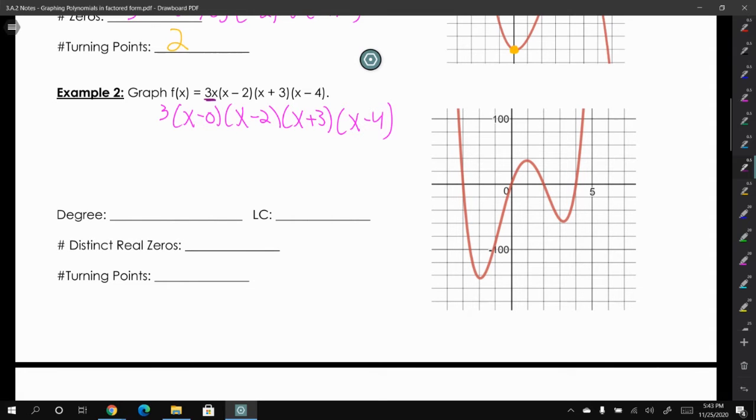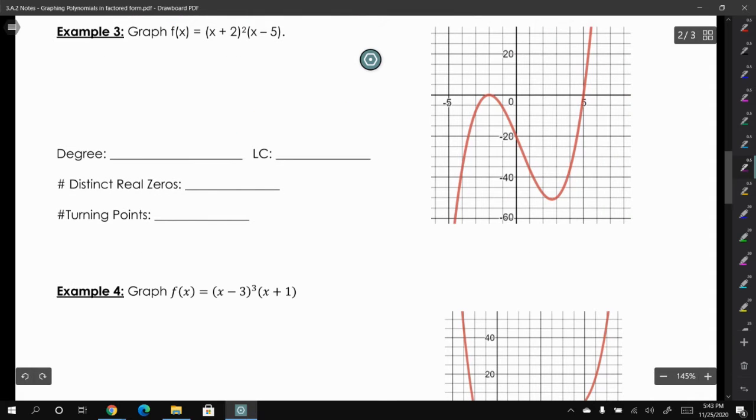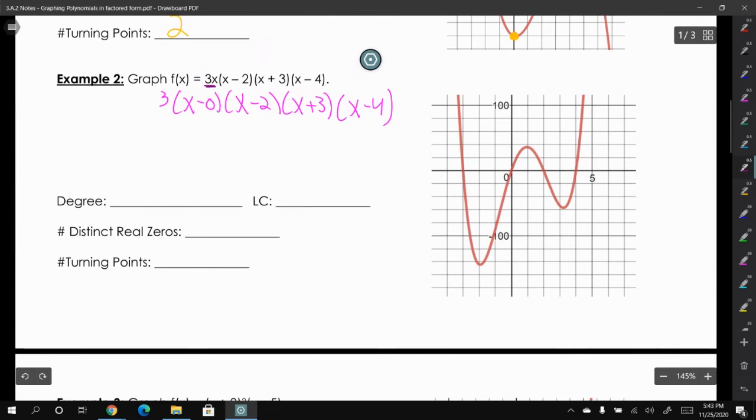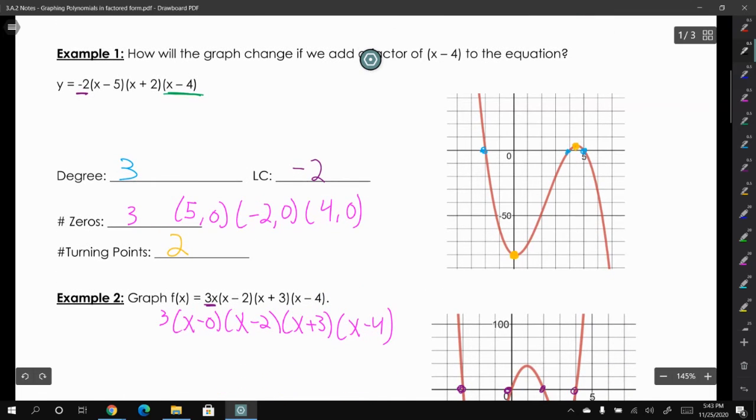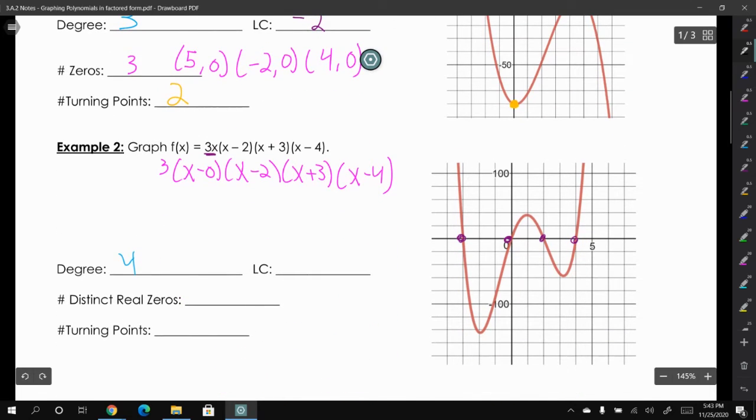But we have now 4 x-intercepts. Right, 1, 2, 3, 4. This is a 4th degree function. My leading coefficient is this positive 3.